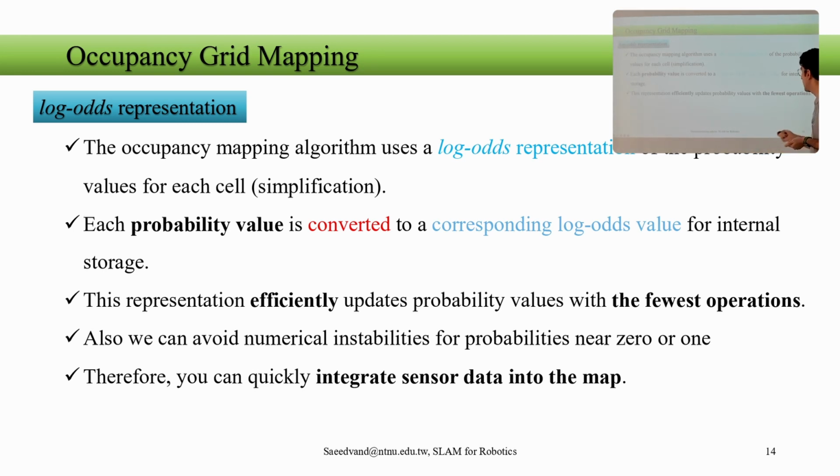Then we can efficiently update the probability value in a fused operation. So first of all, we need to convert it to log odd form. Then after doing the calculation of the probability, we bring it back. And we will see how we can do that.